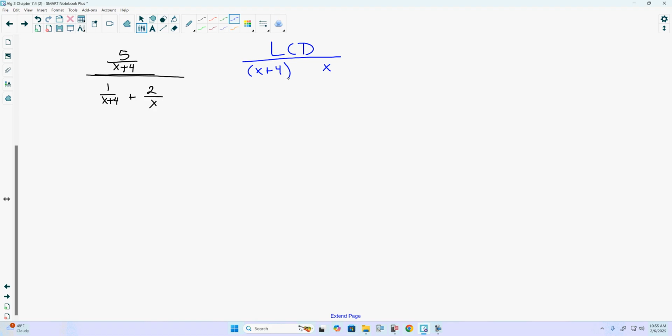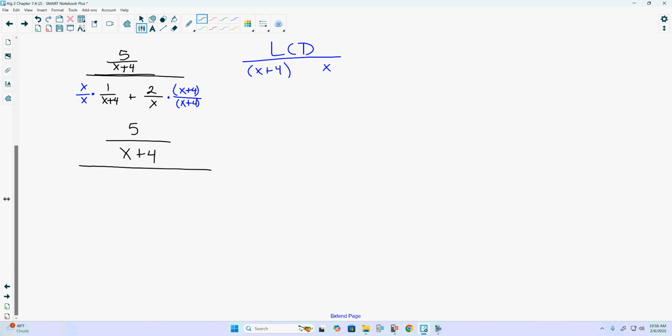So what that means for us here is that our 2 over x is missing the x plus 4 on bottom. So we're going to have to multiply it by x plus 4 over x plus 4. Our first one, our 1 over x plus 4, its denominator is missing the x. So we got to multiply by x over x. Now the top of the fraction is not going to change. It's still going to be 5 over x plus 4.